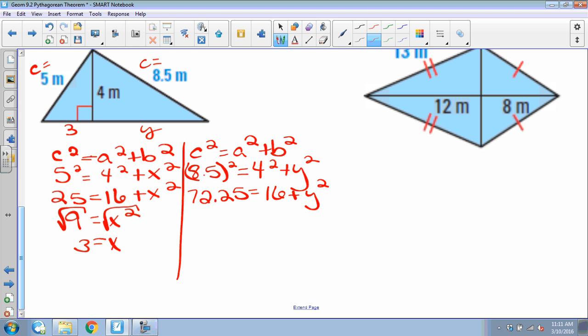Subtract 16 from both sides and you get 56.25 equals y squared. We take the square root of both sides and you get y equals 7.5. So this is 7.5. So 3 plus 7.5 is 10.5. So the base of that entire triangle is 10.5. Right? So those of you, are you finding your mistakes?